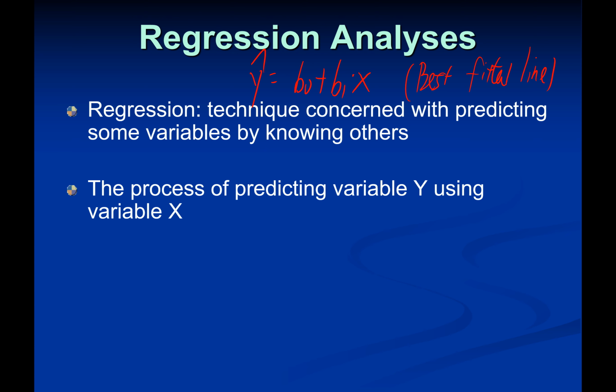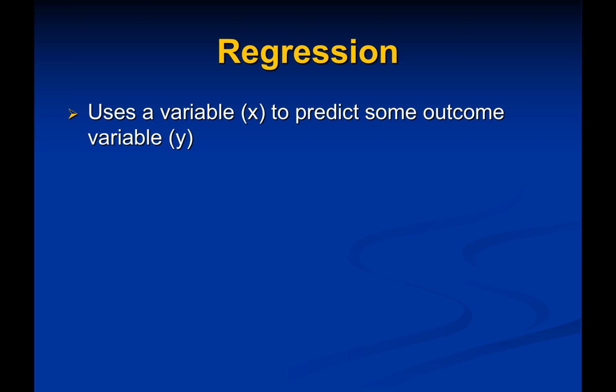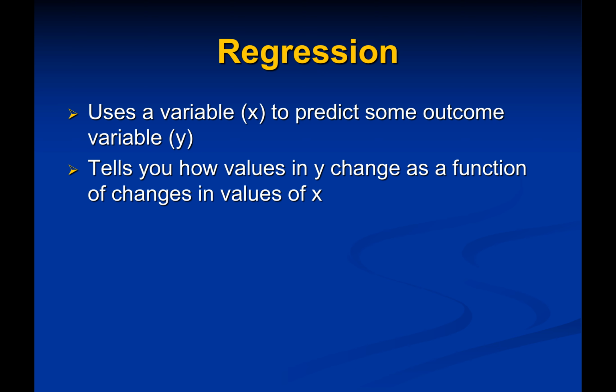And then from there, we'll be able to predict the variable Y using the variable X for any given X values with the regression model. It tells you how much the value Y increases as a function of the value X changes.